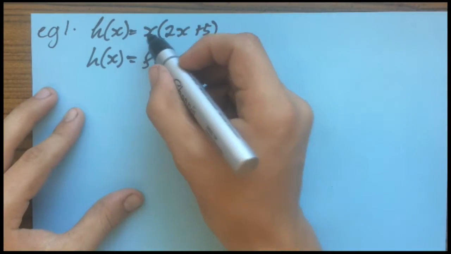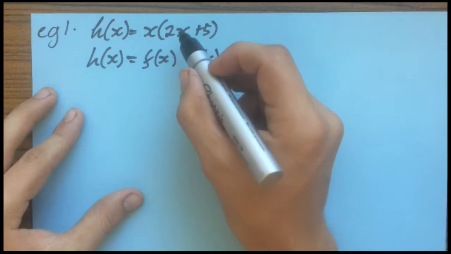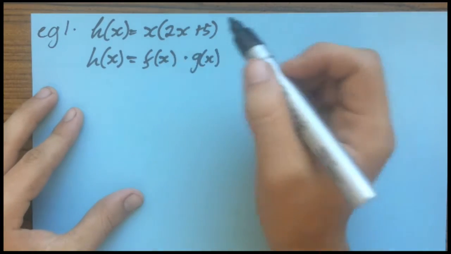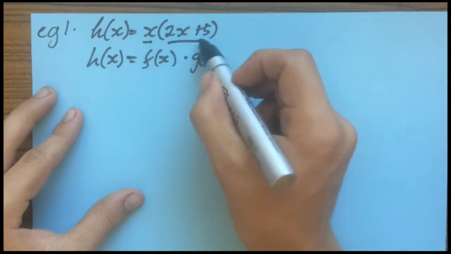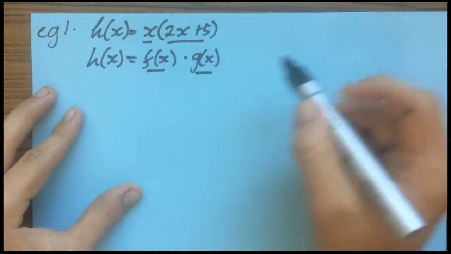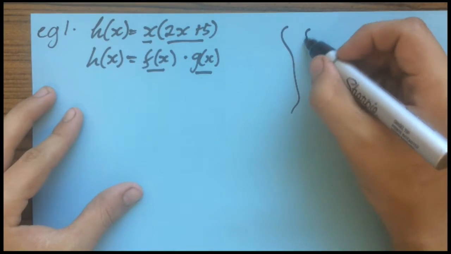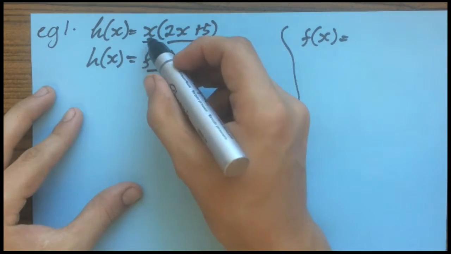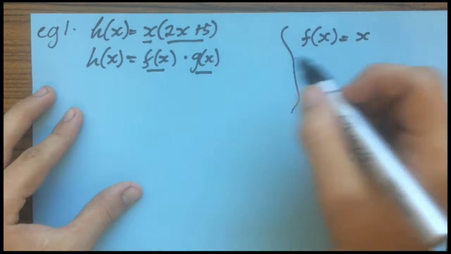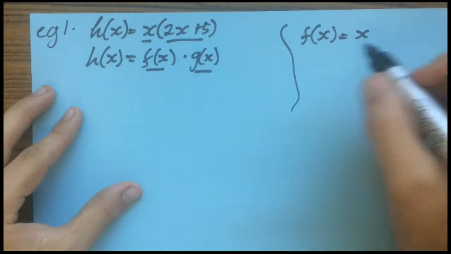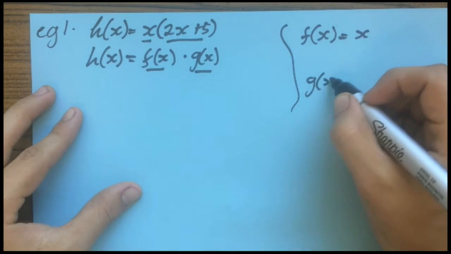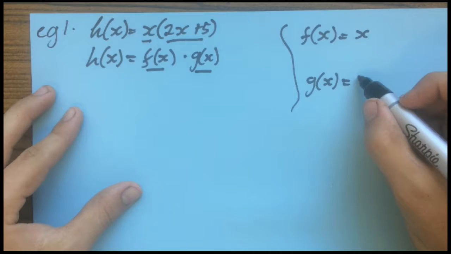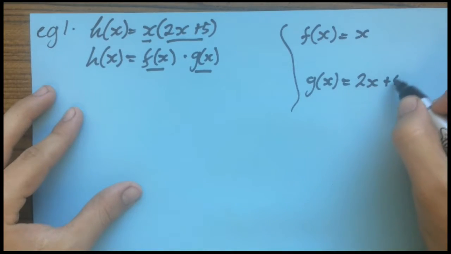In this case we have x multiplied by whatever's in the bracket. In the bracket there is another x, so that's a function times a function, just like here. So if we split the page and we write f of x, we can call it x. We can label x as f of x. And we can label everything in the brackets as g of x. So that'd be 2x plus 5.